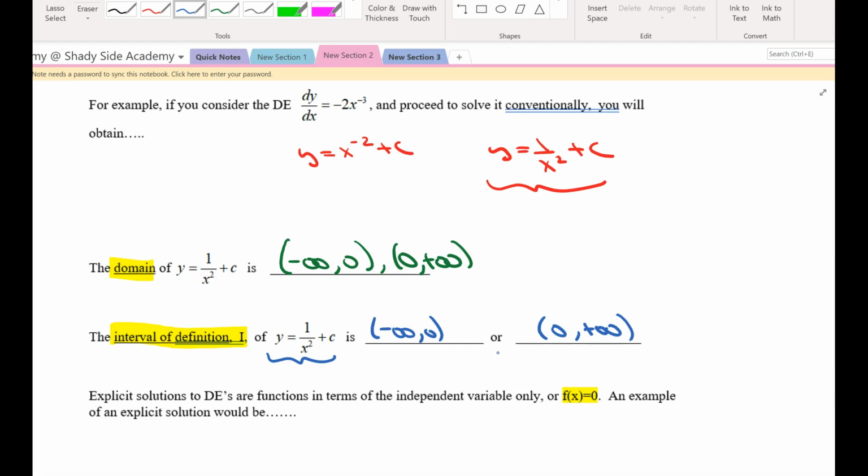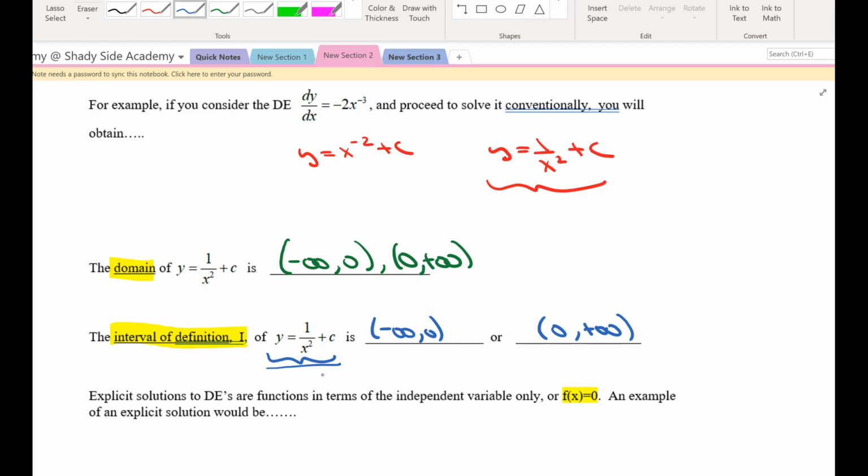You want to either pick the interval of definition that is longest, or, in the case of a DiffyQ where you are asked to narrow down your general solution to a specific solution, the interval of definition you want to pick is the one that includes the given point.